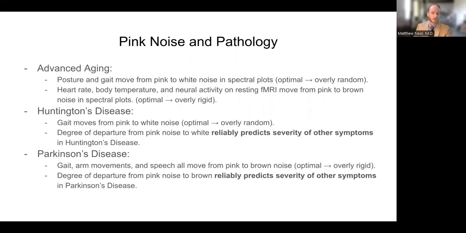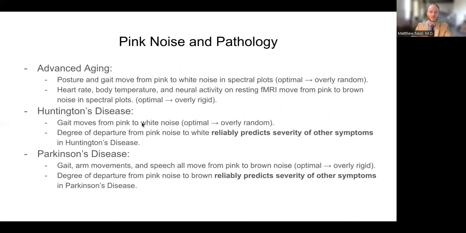And you actually see this coming up in pathology. You see it in advanced aging, where posture and gait move from a more optimal adaptive regime to an overly random one, whereas heart rate, body temperature, and resting neural activity move from pink, which is optimal and adaptive, to overly rigid or inflexible. I think it's really interesting that you can see these phenomena occurring in Huntington's disease and Parkinson's disease.